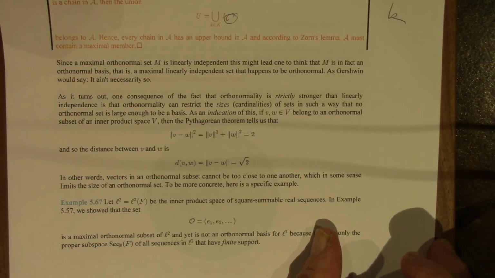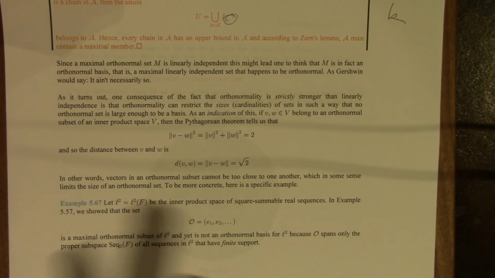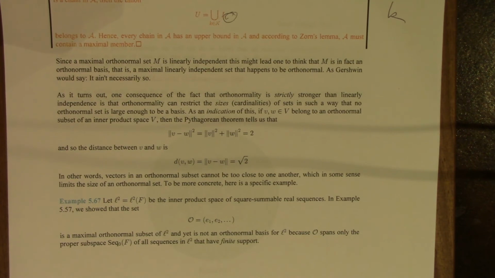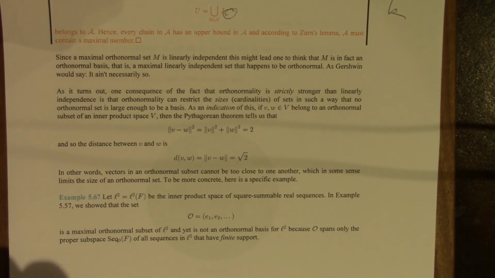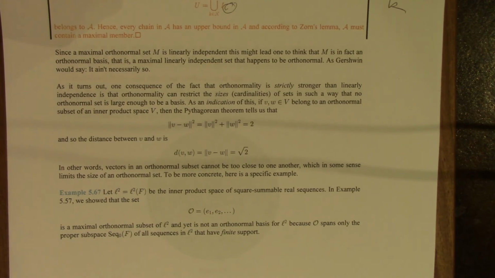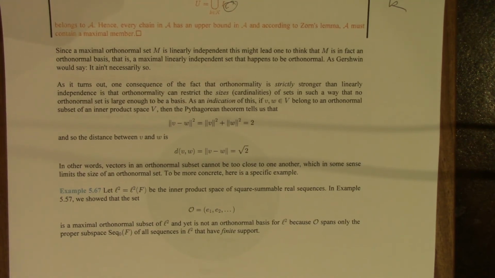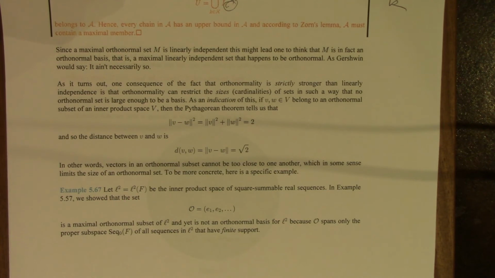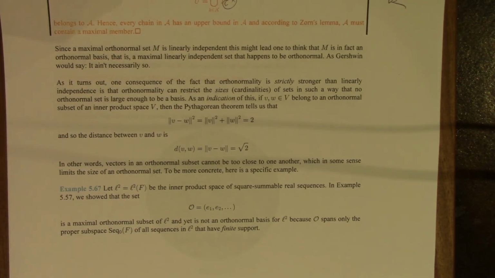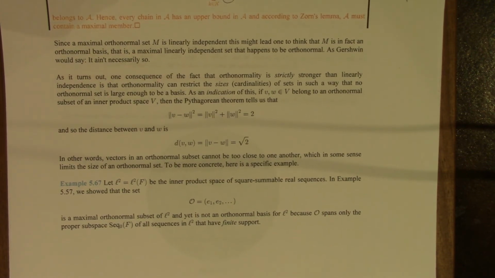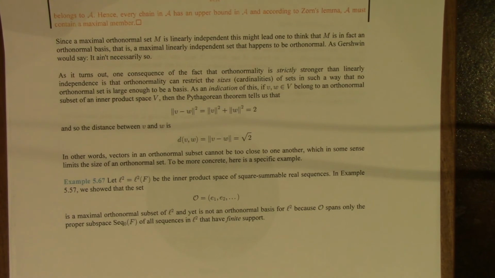One of the consequences of the fact that orthonormality is strictly stronger than linear independence is that orthonormality can restrict the sizes of sets in such a way that no orthonormal set can be large enough to be a basis.